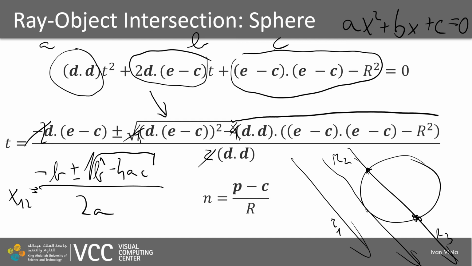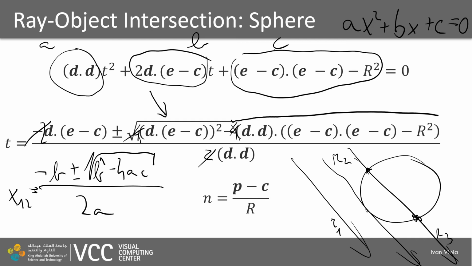And if it is higher than 0, then we will have two values of t resulting from this quadratic equation solution. Now, the t which has the smaller value will be the intersection with the sphere which first hits the sphere, so when the ray enters the sphere, while the higher value of t will be the value where the ray exits the sphere.